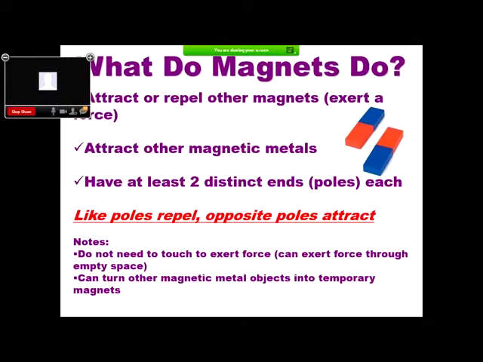A lot of people tend to call poles charges, which is the correct terminology for electricity. But magnetism, as we'll talk about a little bit later, is due to charges moving, but it's not itself a charge. And so it's really important to keep the terminology separate and focus on the fact that those are poles, not charges.